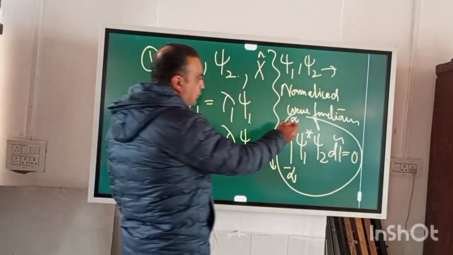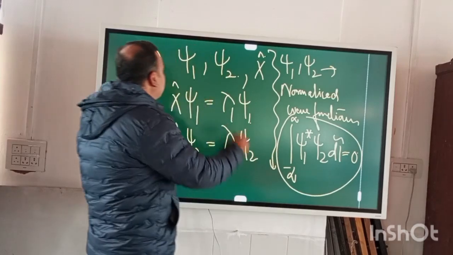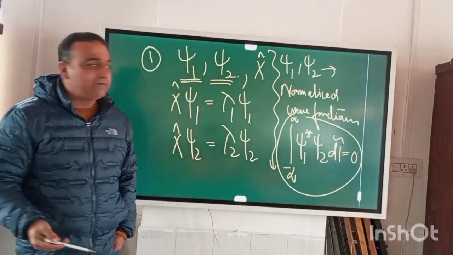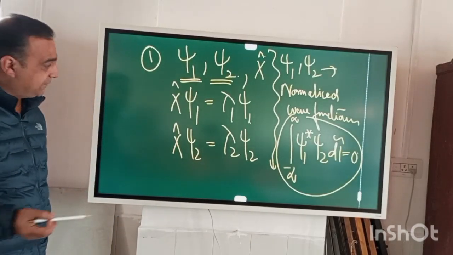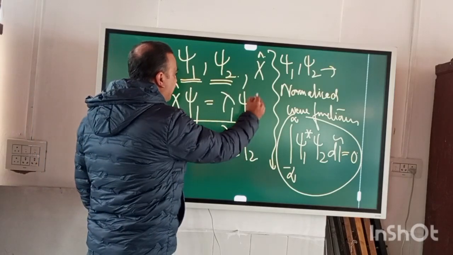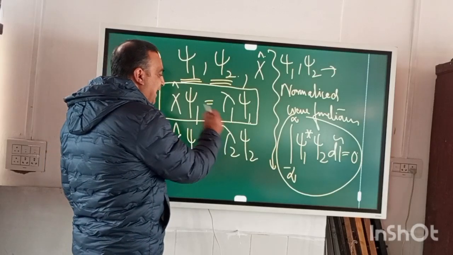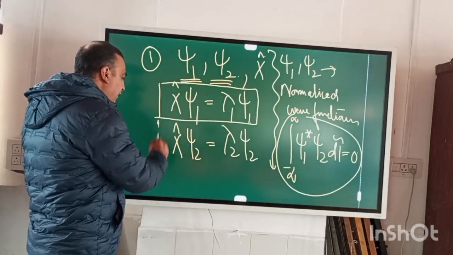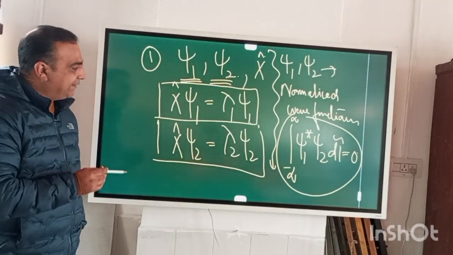Our target is to prove that the wave functions psi1 and psi2, which are normalized wave functions, are orthogonal to each other. When we operate on psi1, we get the eigenvalue lambda 1, and for psi2 we get the eigenvalue lambda 2.